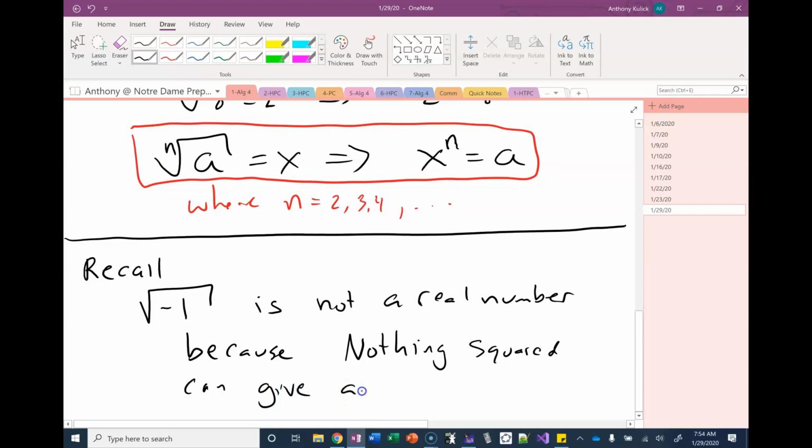It's not a real number, though. We needed to use the imaginary numbers to deal with that. And we know this is an issue because if I try to apply my definition, there's nothing that we can square that can give us a negative number.